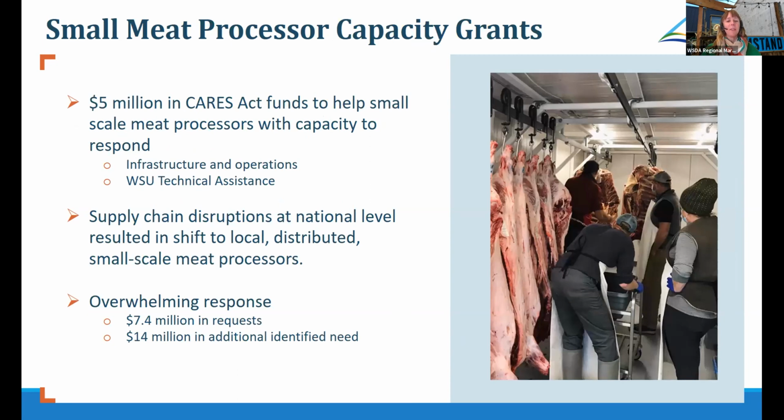I apologize to the vegetarians and the vegans, but this is a reality of what small meat processing looks like. And in fact, with some of those disruptions in the supply chain, our local meat supply chain was really, really, really pressured. And the small scale producers who serve our local farmers were completely overwhelmed.